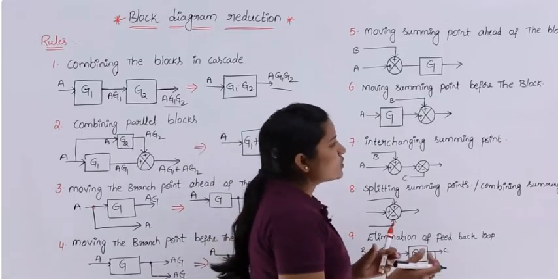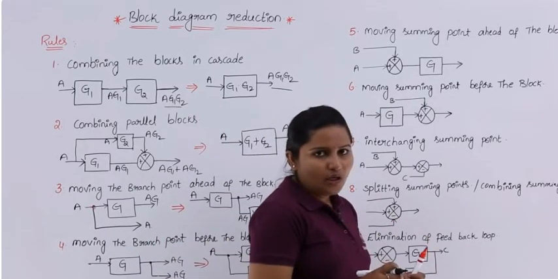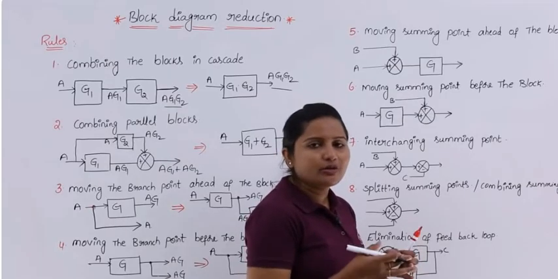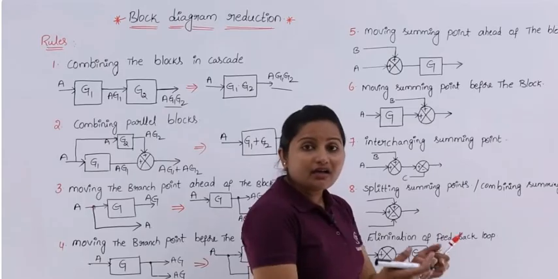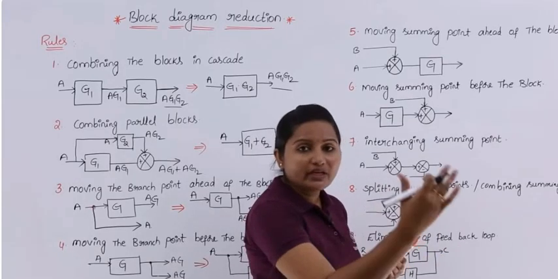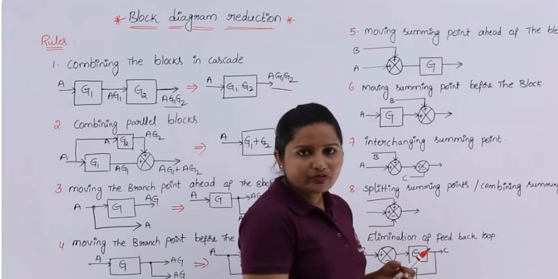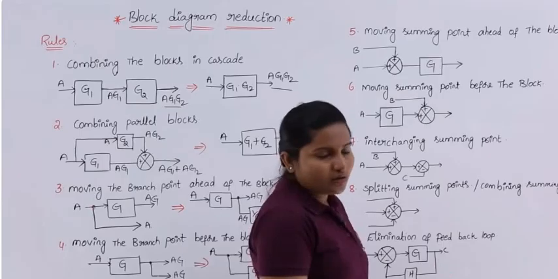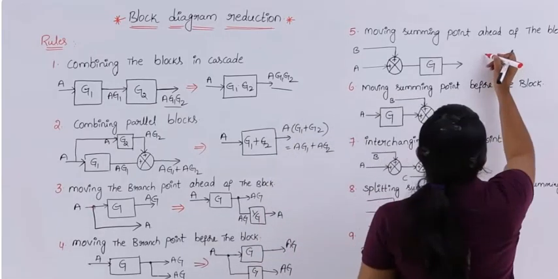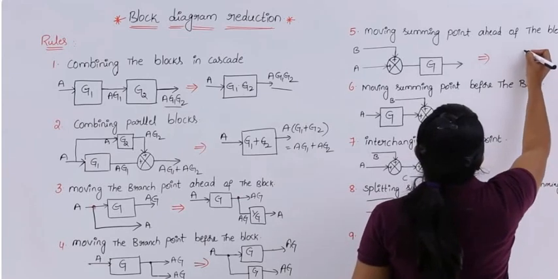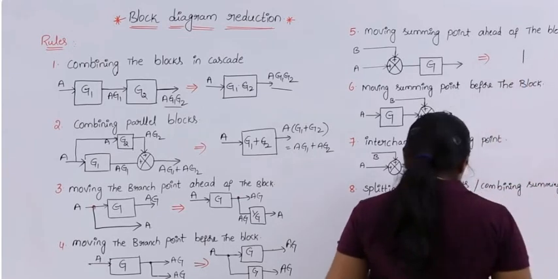How can we move it? Again the same rule: when you are moving any summing point or branch point ahead or before the block, you need to add an extra block in that moving path. So in that moving path we need to add an extra block. So like this. So here this can be modified as G.